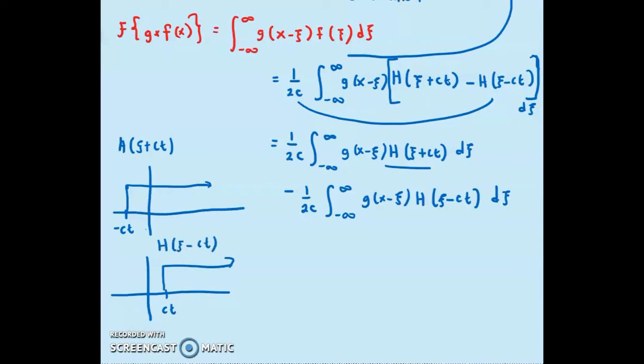Now all I want is from negative ct to ct.